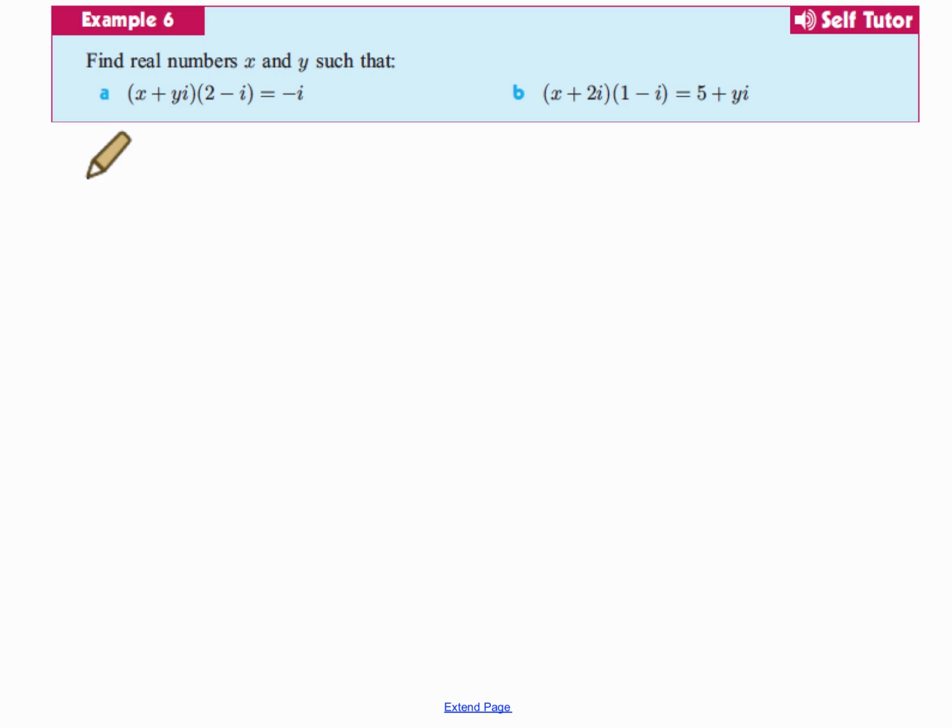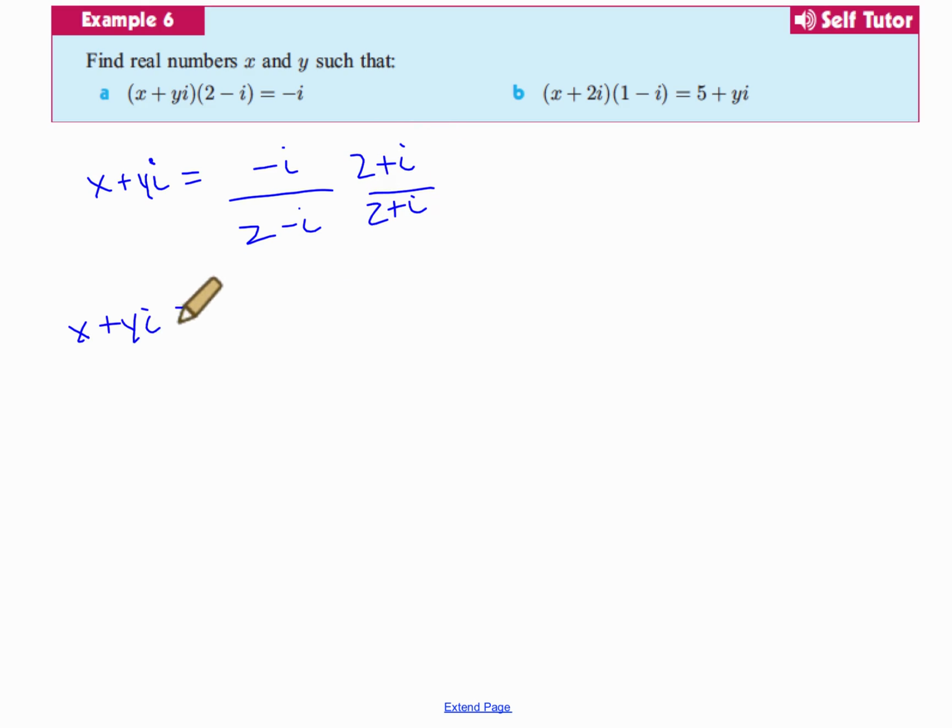So I'm going to divide both sides by 2 minus i. So I have x plus yi equals negative i over 2 minus i. And I'm going to multiply by the complex conjugate. And so I'll have x plus yi is equal to negative 2i minus i squared up top.